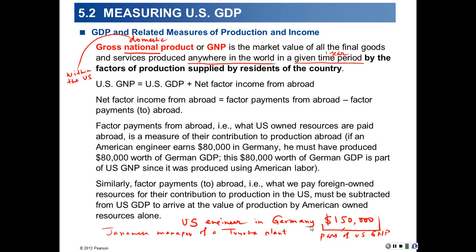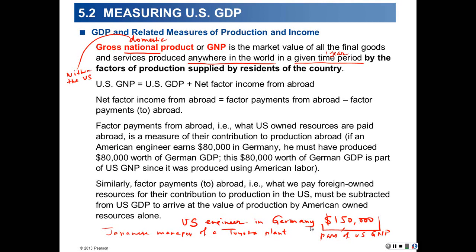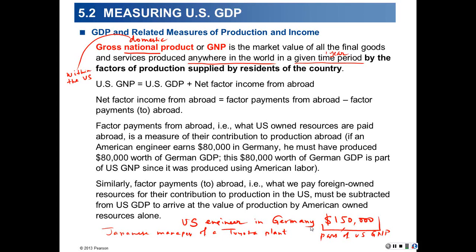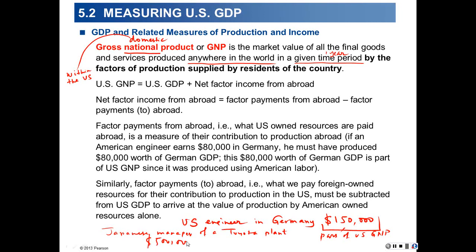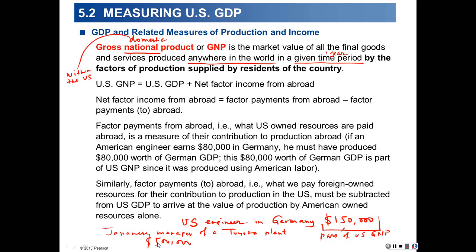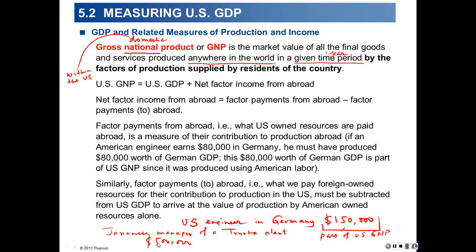He's been sent by corporate offices in Japan to manage the Toyota plant here in the States. Okay? And let's say that his salary is $500,000. I'm giving you these large figures so as to, in a sense, inspire you a little. Okay. Now, $500,000 is his salary.